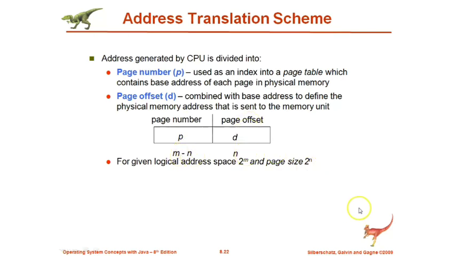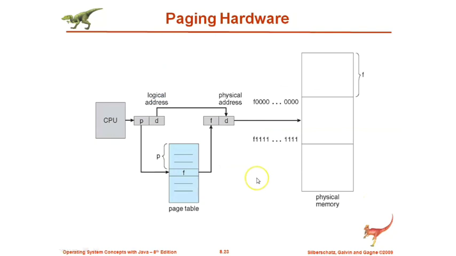Next we'll see the hardware support for paging. How exactly can paging be used? In this figure it is clear that the address generated by the CPU is the logical address, and as per our previous discussion, the logical address is divided into two parts, page number P and page offset D. The page number will act as an index to the page table.